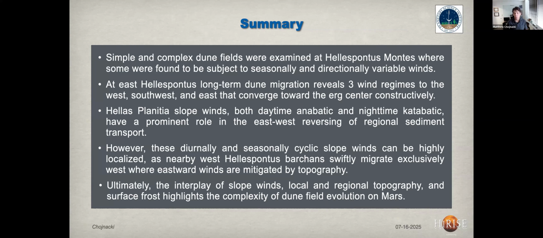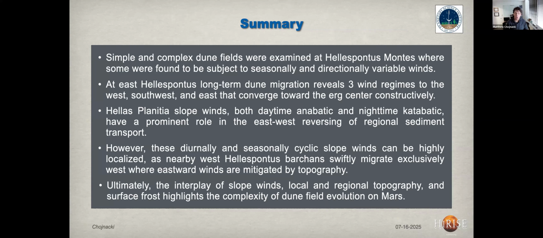Hellas Planitia slope winds, both daytime anabatic and nighttime katabatic, have a prominent role in that kind of reversing motion that we saw across the region. But those diurnal and seasonal cyclic winds can be highly localized, as nearby West Hellespontus barchans are migrating exclusively to the west, and eastward winds are really mitigated by topography.